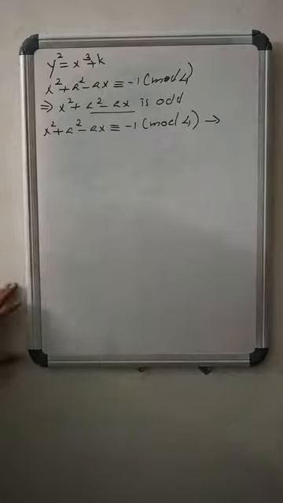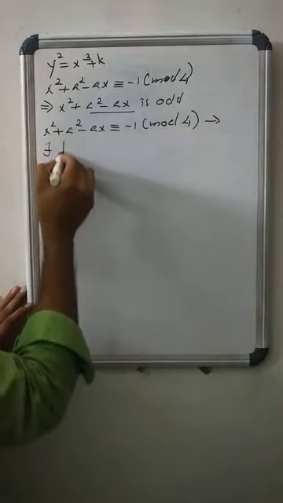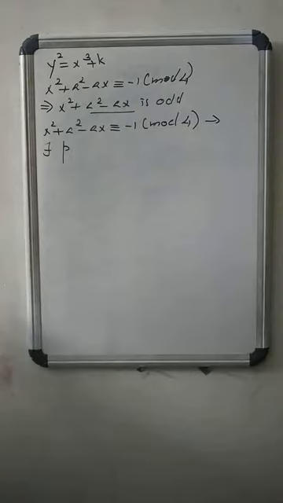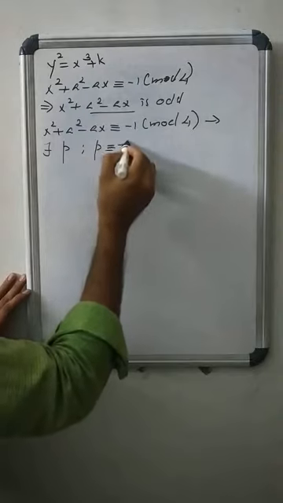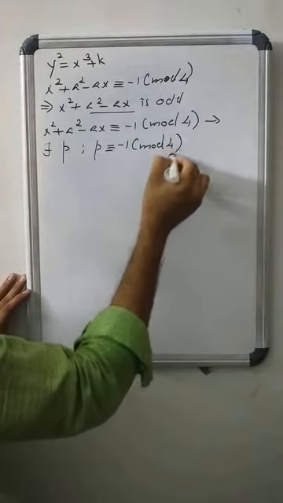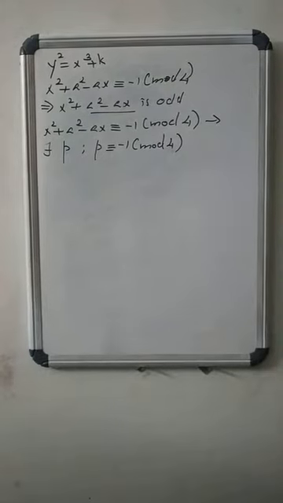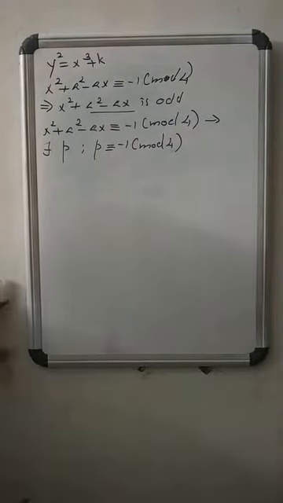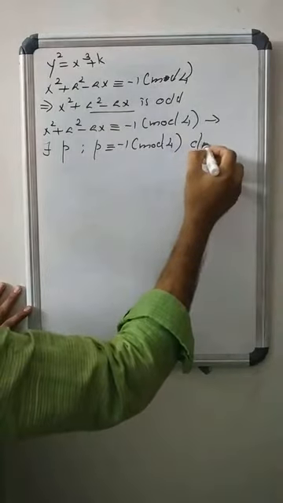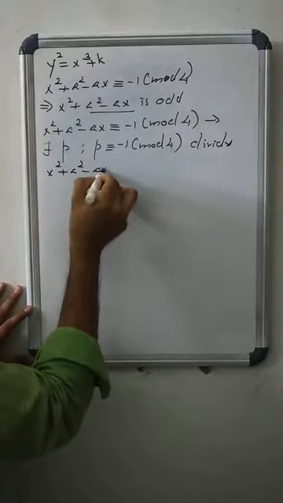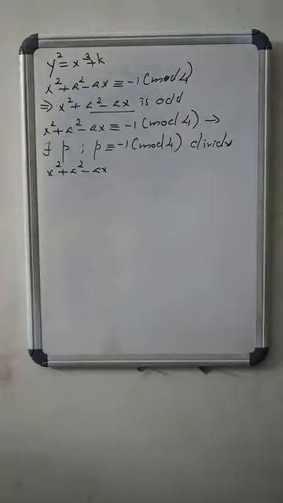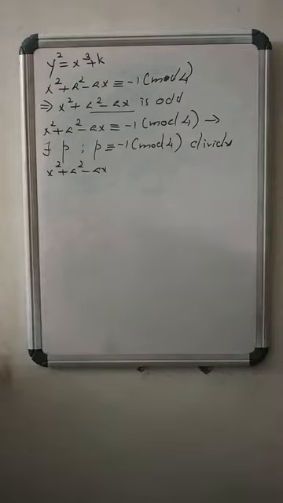Agreed? Therefore, there exists some prime p such that p is congruent to minus 1 mod 4 which divides x square plus a square minus ax.